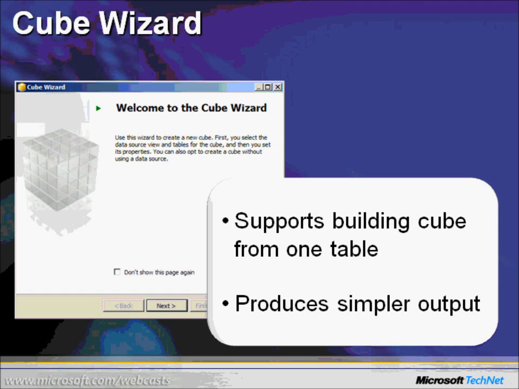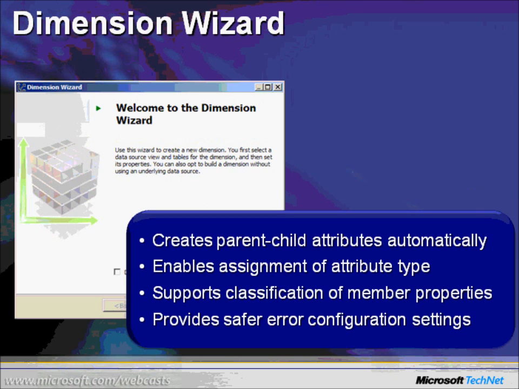In another example, the output of the Analysis Services 2005 Cube Wizard was too complex. There were too many attributes created and the member properties were not identified properly. These problems are now corrected with the new Cube Wizard in Analysis Services 2008. In addition, the pages of the Cube Wizard have been streamlined to reduce the number of keystrokes required to produce the desired output. A lot of those next, next wizard steps have been removed.